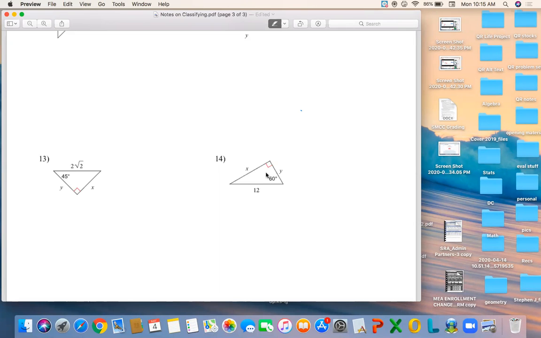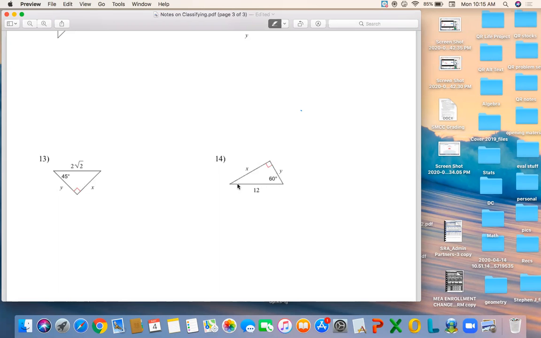If I look at this one, now I've got a 60-degree angle, not the same process as this. It's a different type of triangle. That means if I figure this out, 90 plus 60 is 150. This is 30. These are called 30, 60, 90 triangles. What we find out is there's a short side, a longest side, and a middle side.